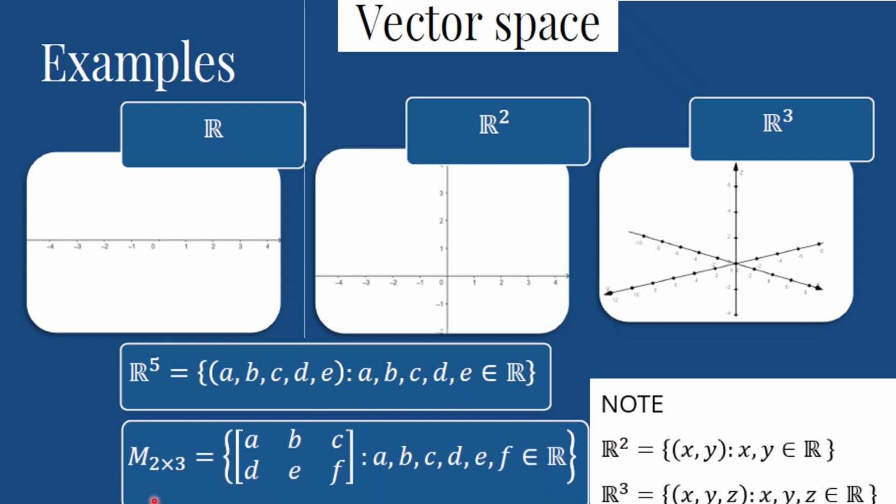Also, the set of 2 by 3 matrices, which means all the matrices which have 2 rows and 3 columns, where A up to F all belong to the set of real numbers R, also represents a vector space.